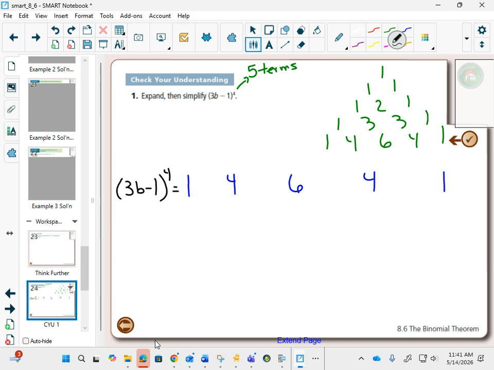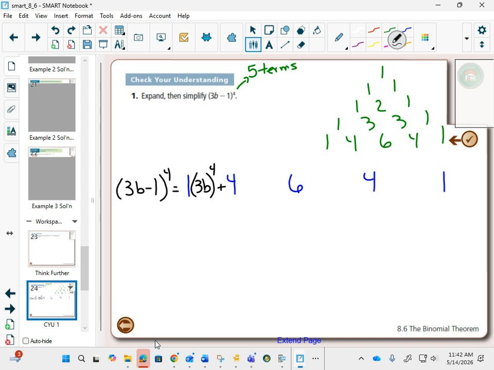When we had x and y, what did we start with? We started with x to the 4. But this time we have a 3b. Does it make sense that we're going to start with 3b to the 4? Plus.